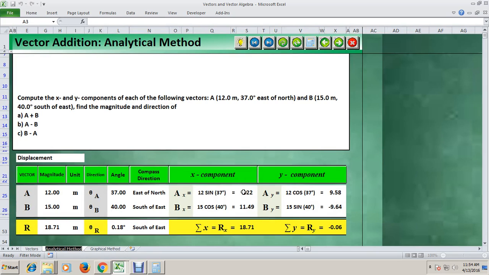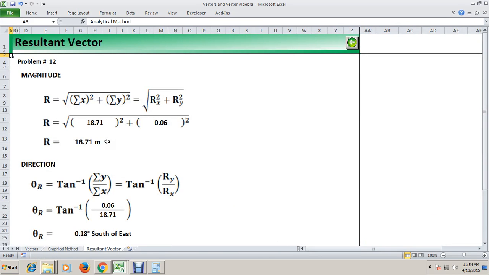Now, of course, the next step is to get the sum. 7.22 plus 11.49 gives you 18.71. And next is 9.58 over negative 9.64. That gives you negative 0.06. Now, of course, negative 0.06 is almost zero. That is why if we are going to compute for the magnitude of the resultant vector using the Pythagorean theorem, the resultant vector is almost as equal in length as your summation of x.